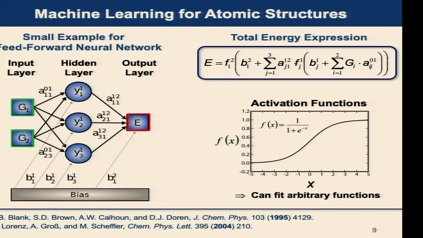How can we get the potential energy surface, or the energy or forces that we want to use for our application, like in MC simulations? You can either look at the left-hand side or at the equation here, the total energy expression, like Luca also discussed in the previous talk.